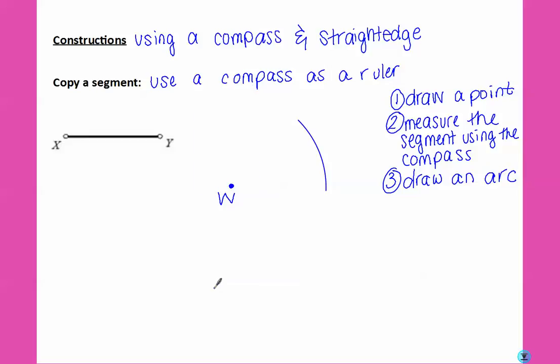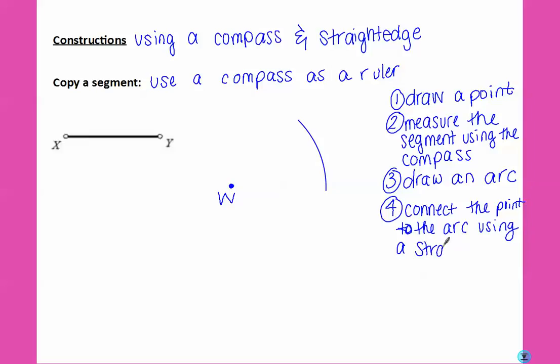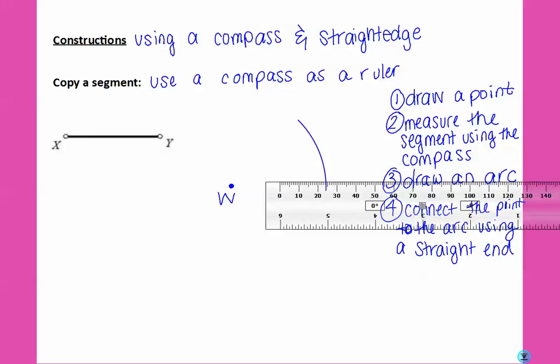Now, my fourth and final step will be to connect the point to the arc using a straight edge. So I'm going to use my ruler.